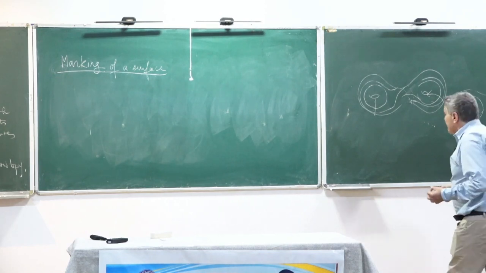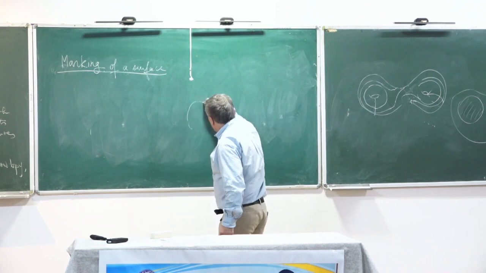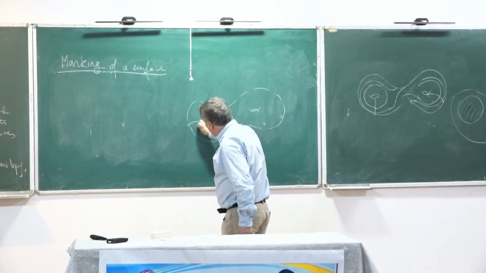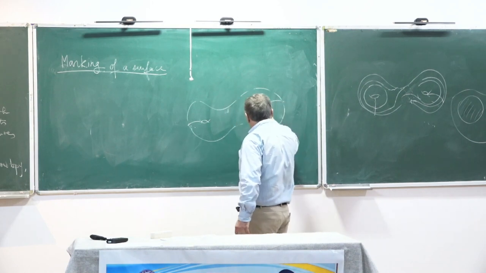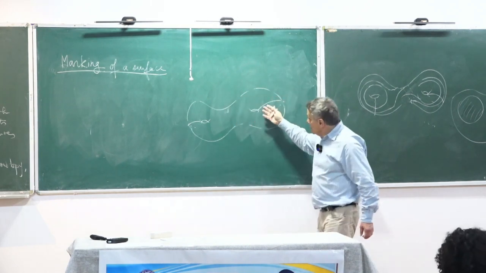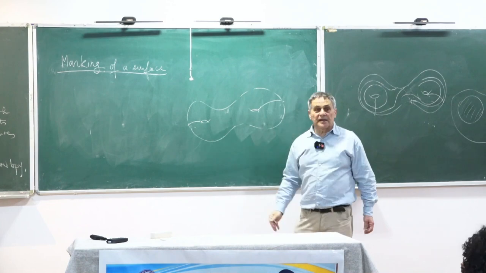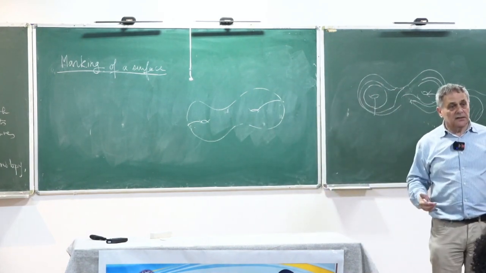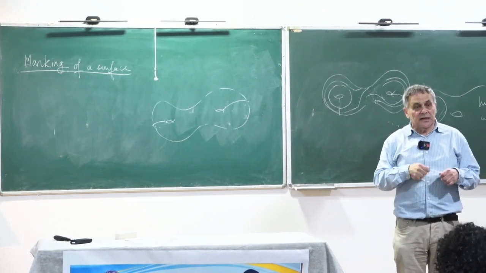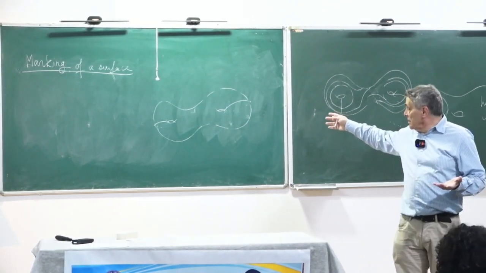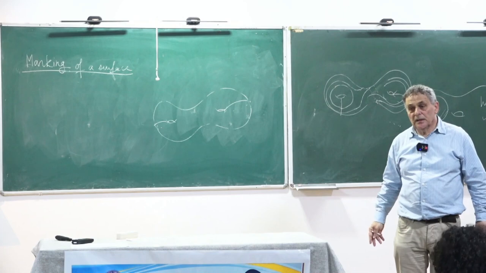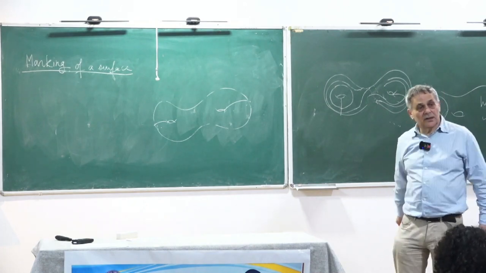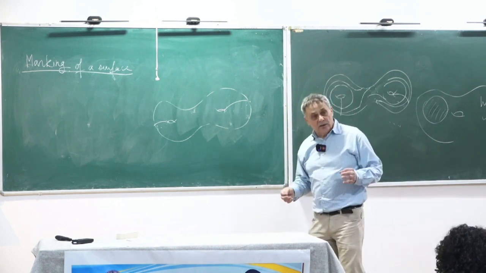You see, I have this surface, and I have this curve, and I have this curve. What is the difference between this curve and this curve? I'm not talking about the length of the curves, just these two curves as closed curves. Are they homotopic? So your professor says these curves are not homotopic.